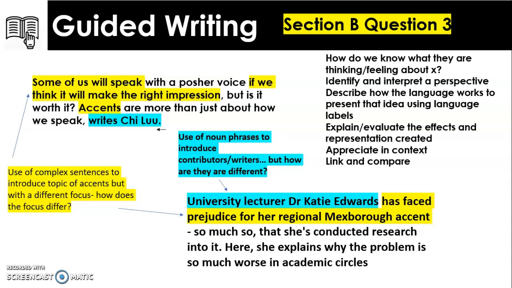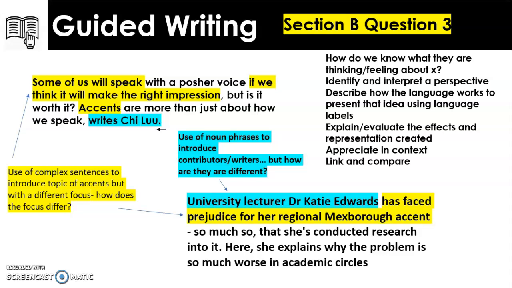So we could talk about that use of the pronoun "us" there, okay, that identifies that there is a group of people, and what do they do? Who will speak. So we've got that modal "will" and the verb "speak" with a posher voice if we think it would make the right impression.